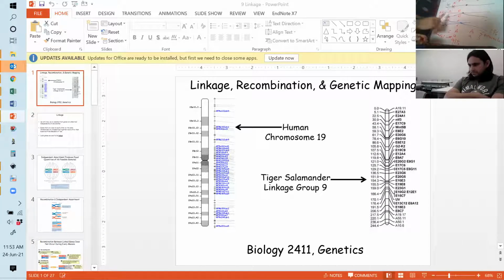These genes, and this is kind of exaggerated, are now 3 times further apart than A and B were. So 3 units of distance, let's say.